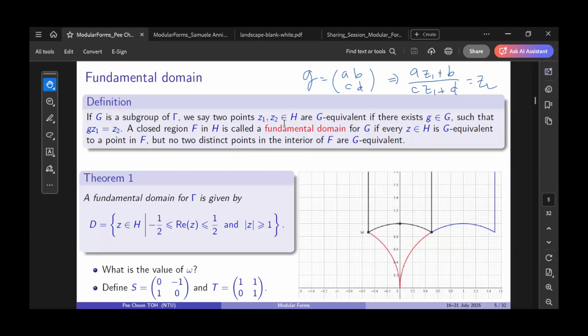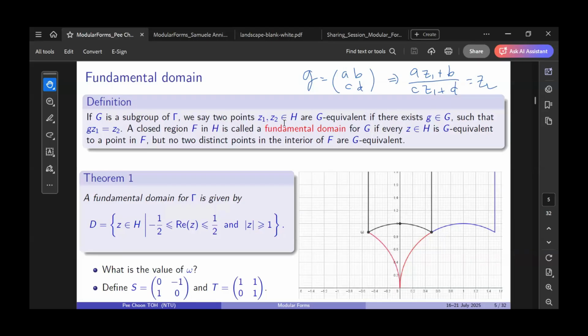A closed region F in H is called a fundamental domain for G if every Z in H is G equivalent to a point in F, but no two distinct points in the interior of F are G equivalent.